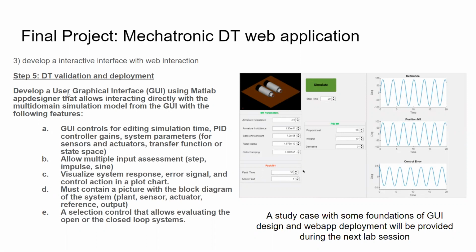In that sense, the first part for the validation and deployment will be the development of the user graphical interface. In this case, through a GUI like this, as we saw in the video.